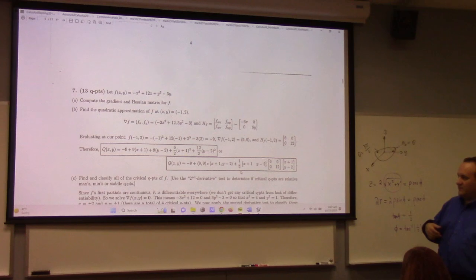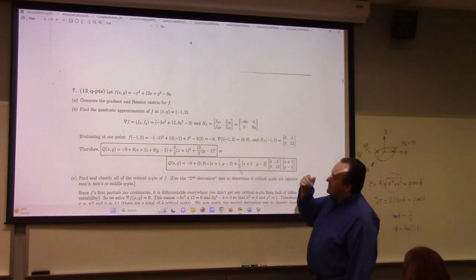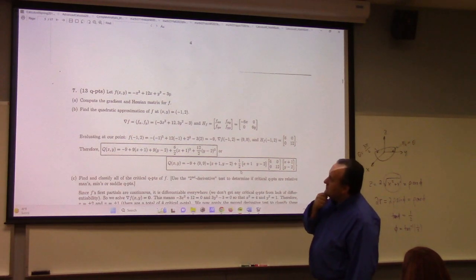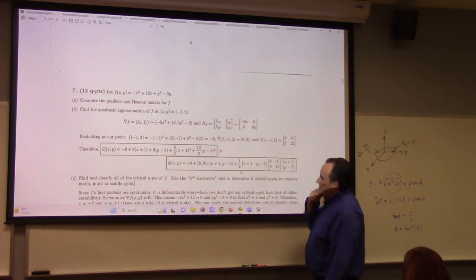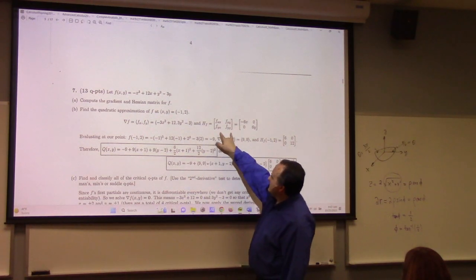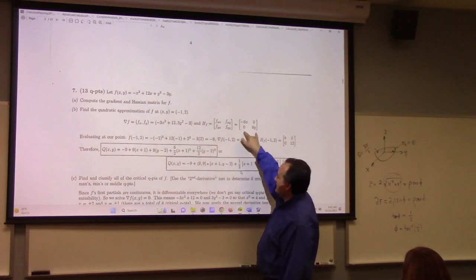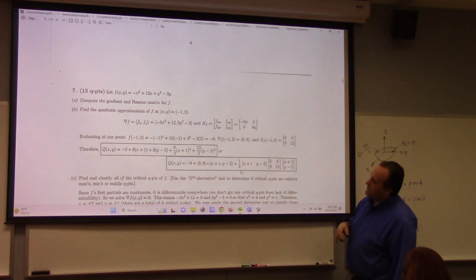Each of these problems has its own kind of trouble. This one here, we've got this cubic: minus x cubed plus 12x plus y cubed minus 3y. So to start with, calculate the gradient. There it is. The Hessian, like I told you guys, is this 2 by 2 matrix, which works out to that. And we're supposed to find the quadratic approximation of it at 1, 2.